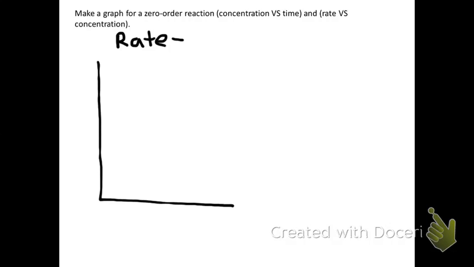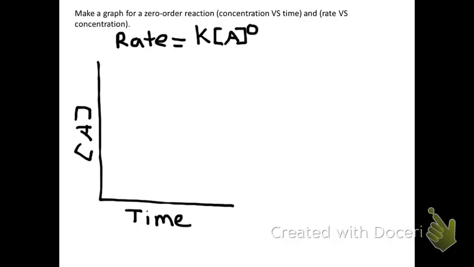Okay, so we're going to take a graph here, and because zero order has the rate law of A to the zero, for a zero order reaction, therefore the rate is really equal to K. And so if we have the concentration of A on the y-axis, and we have time on the x-axis, then when we graph this, we should get a straight line like this with the negative slope.